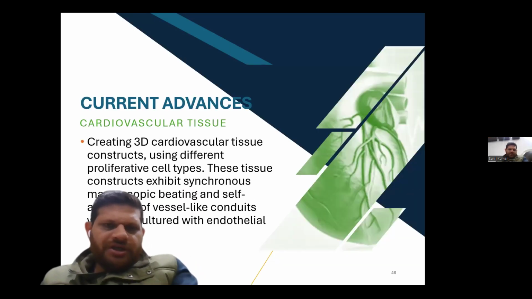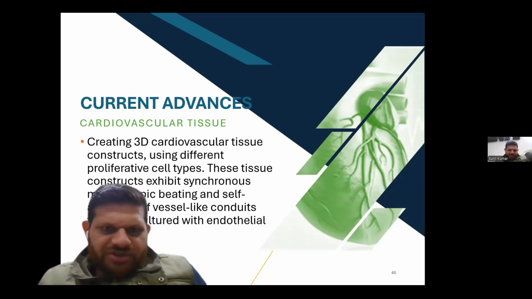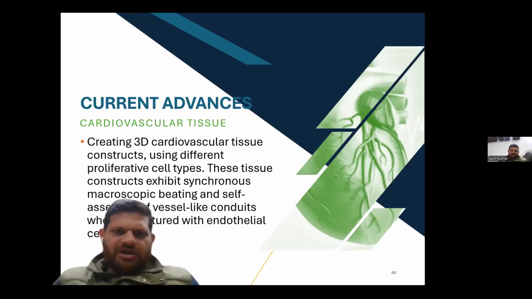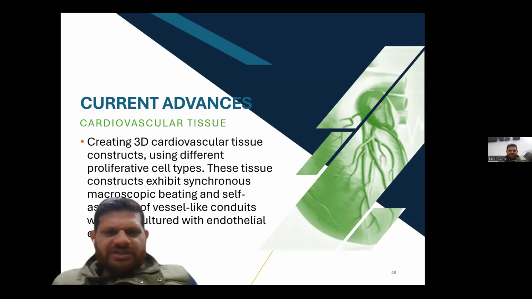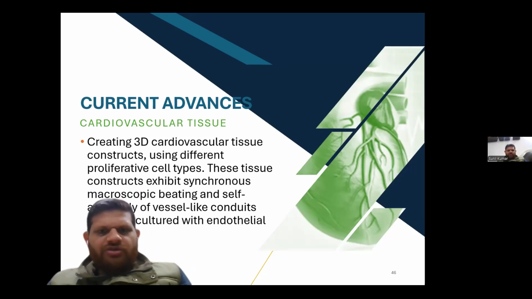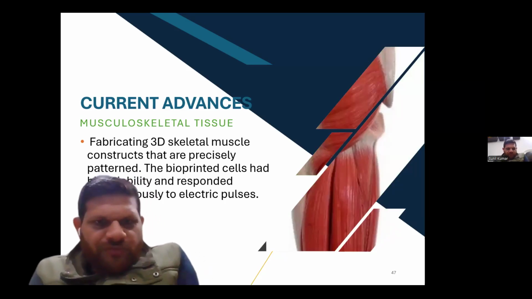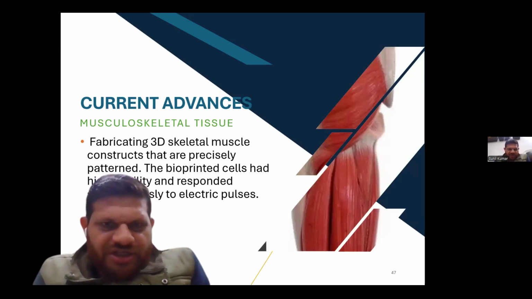So, what is being done at present in this field? Cardiovascular tissues have been created using different proliferative cell types. These tissue constructs exhibit synchronized macroscopic beatings and self-assembly of vessel-like conduits when co-cultured with endothelial cells. In terms of muscles, 3D skeletal muscle constructs that are precisely patterned have been fabricated.